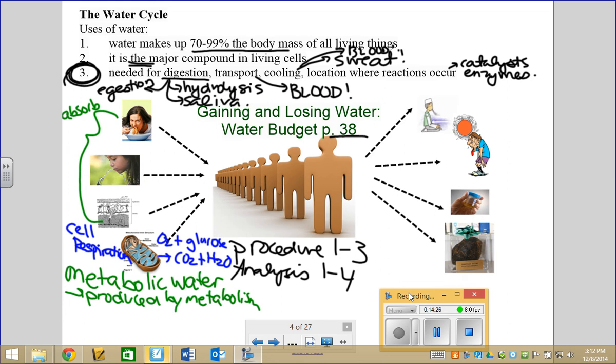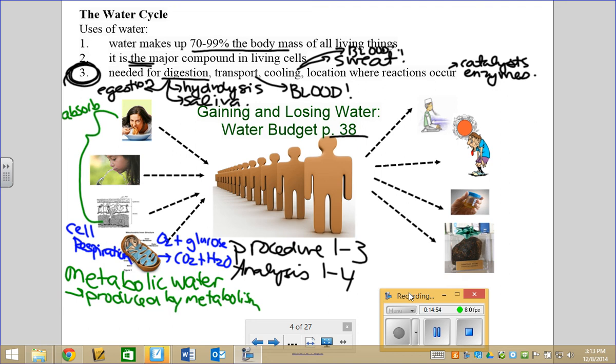So some of the water that you gain is actually coming from a chemical reaction. It's not because you drank the water or it was part of the food that you were eating or you absorbed it. Your body performed a reaction, a metabolic reaction, like cell respiration, and water was a product of that reaction. That is metabolic water.